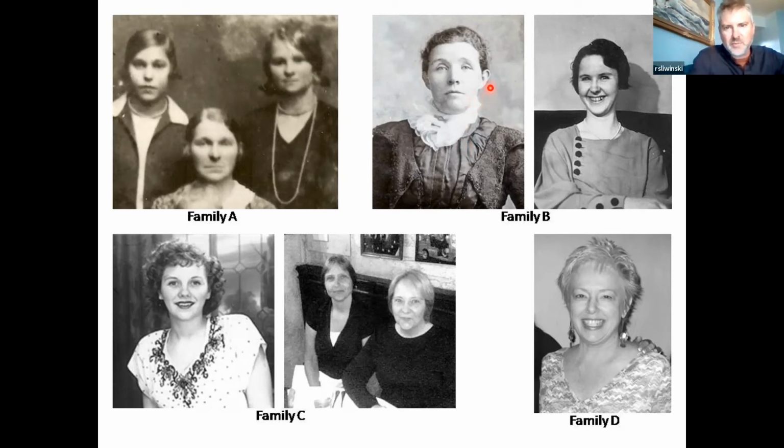What I noticed right away is the eye shape, the eye socket shape of family B is very similar to my great grandmother in family A. Not sure if you see that or not.